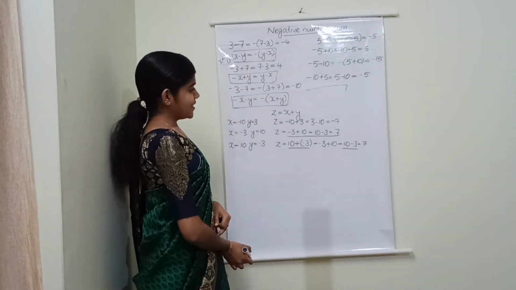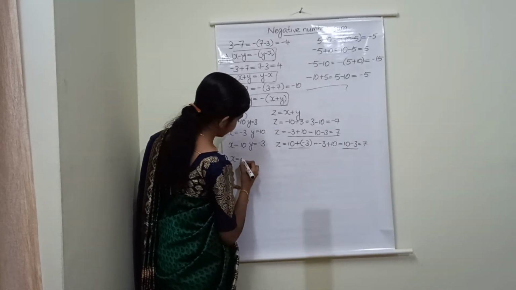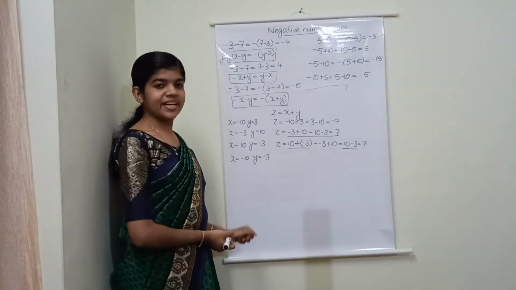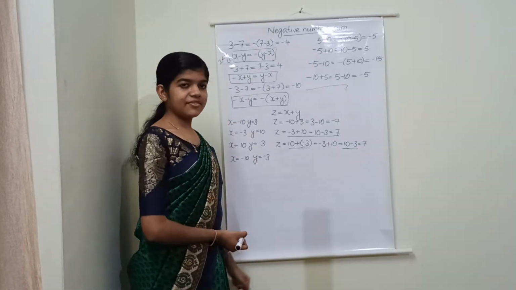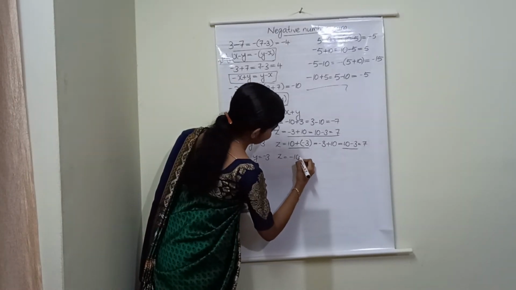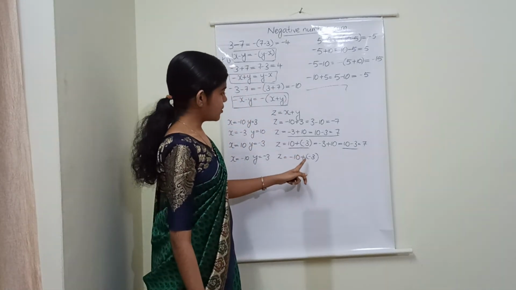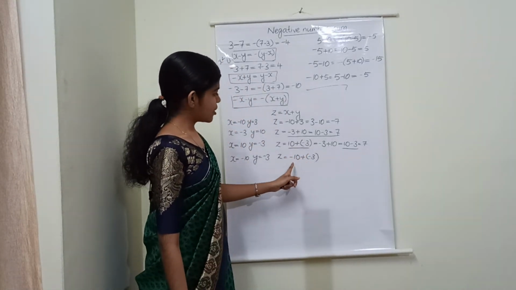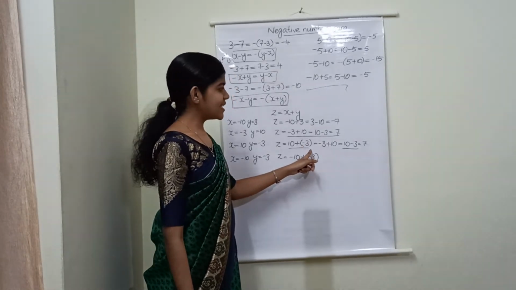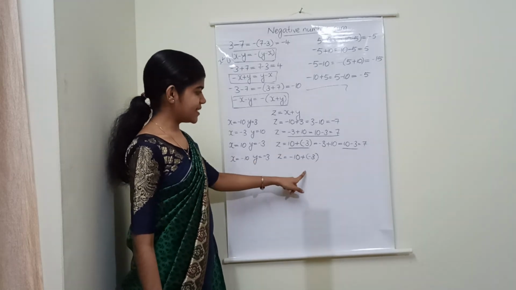Okay. Then next consider both are negative. X equal to minus 10 and y equal to minus 3. Both x and y are negative numbers. Then what will be our equation? Z equal to minus 10 plus minus 3. Here plus minus 3 becomes minus 3, and here also we can apply this.